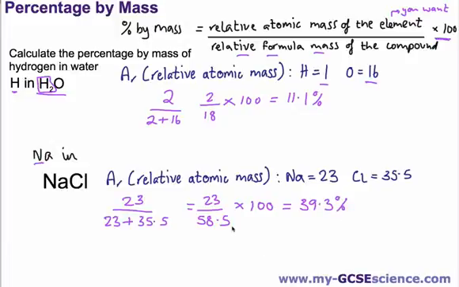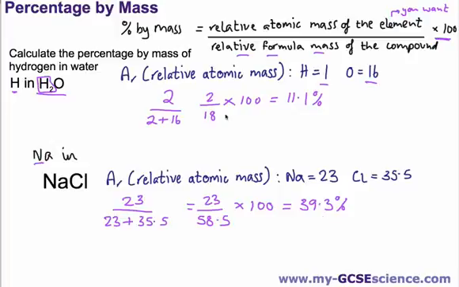So what we're saying is the relative formula mass for sodium chloride, NaCl, is 58.5, and of that 39.3% is the sodium. Okay, so that's a second example right there.